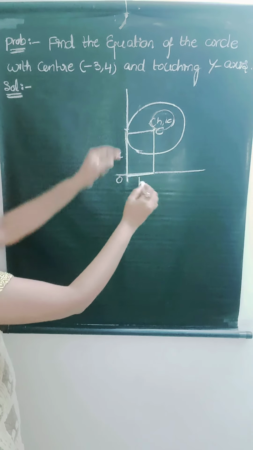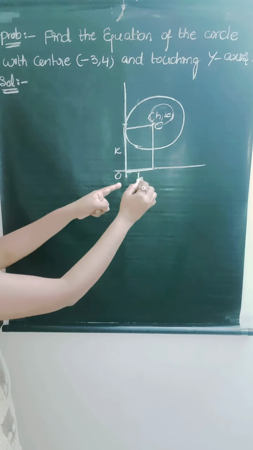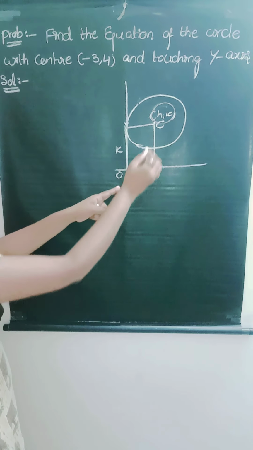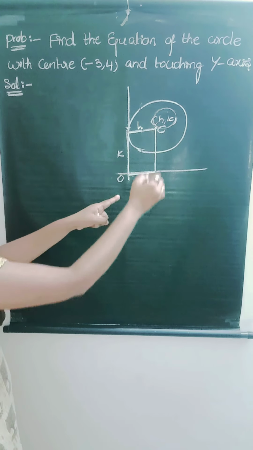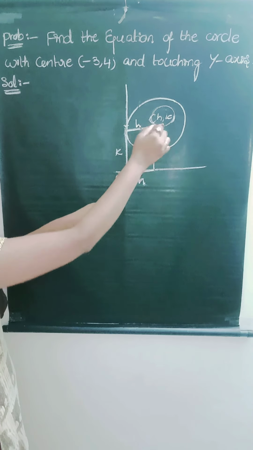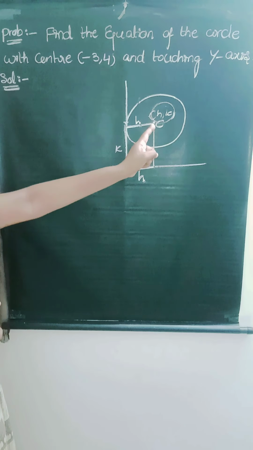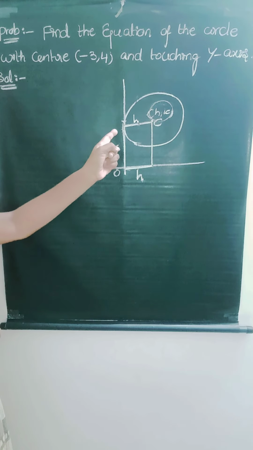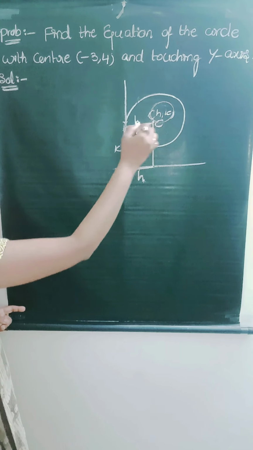Clearly the distance from 0 to this point is h, and in the same way the distance from C to this point is h. So these two values are equal. This distance is the radius, since it is the distance from the center to a point on the circle. So clearly from the diagram, radius r is equal to h.